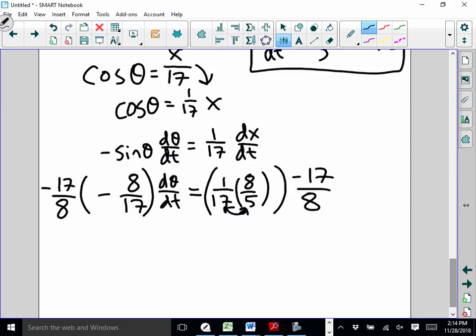I get d theta dt equals. I'm going to cross off my 17 and my 17. That's why I didn't do 17 times 5. I'm going to cross off my 8 and my 8. And what am I left with? Multiply all the top, I get -1. Multiply all the bottom, there's only a 5. And I still get -1/5 radian per second.